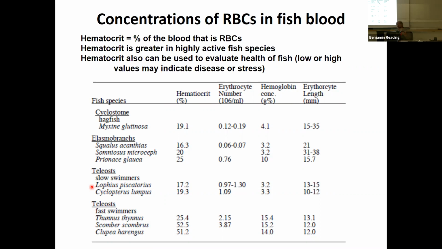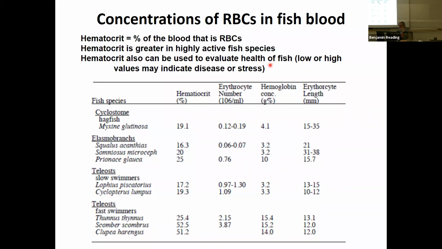Remember, these are the goose fishes or the monkfish. They sort of sit on the bottom, kind of like an angler fish, and they wait. This is where the fisherman got his hands stuck in the sort of feeding bag that sits on the bottom and waits for stuff to swim by. Look, hematocrit's only 17%. They're very sedentary, not very active. So active fish have a higher concentration of red blood cells.